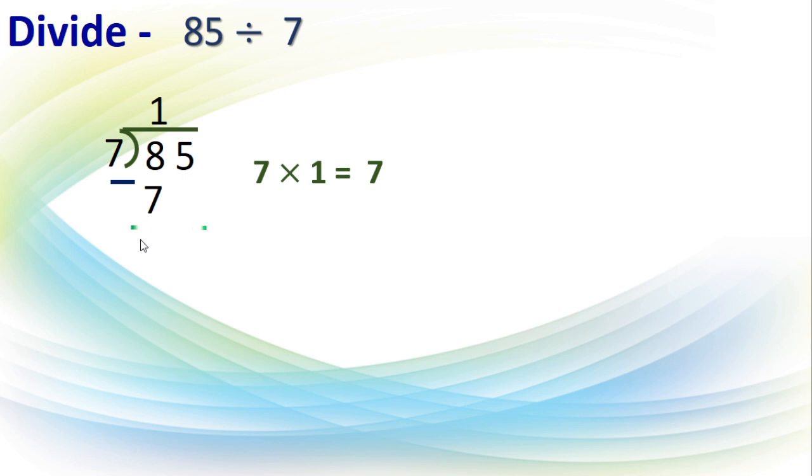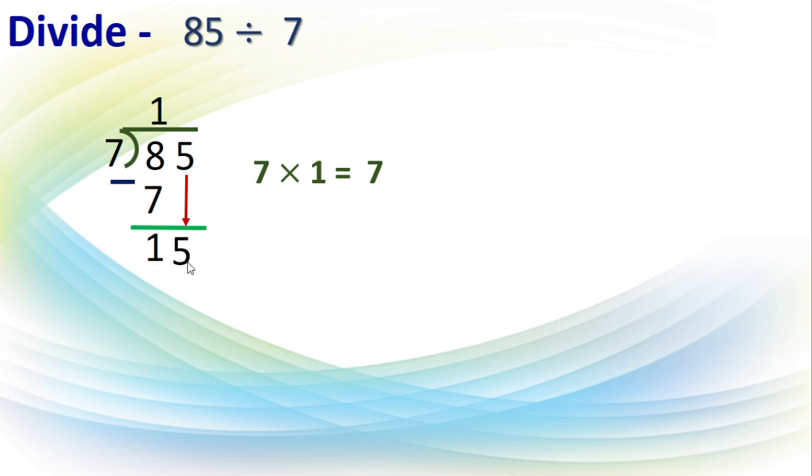Now, 8 minus 7, how much? 1 remained, correct? Now, this 1 is smaller than 7. So, here we will take this 5 down. Now, it became 15. Okay.